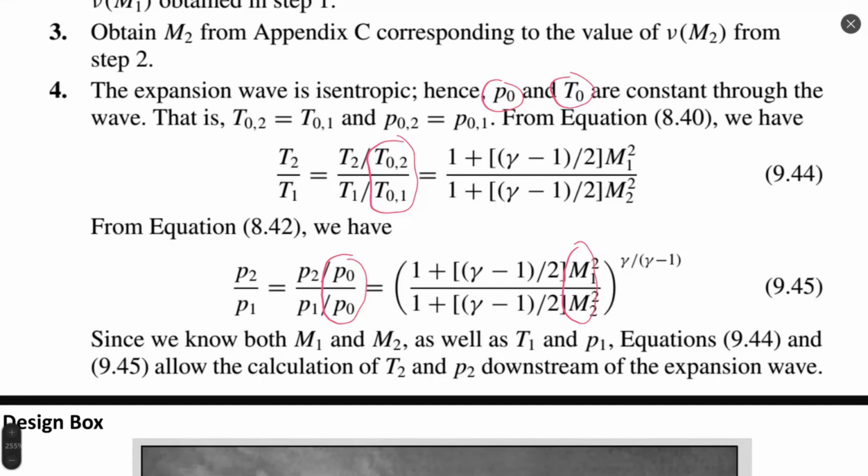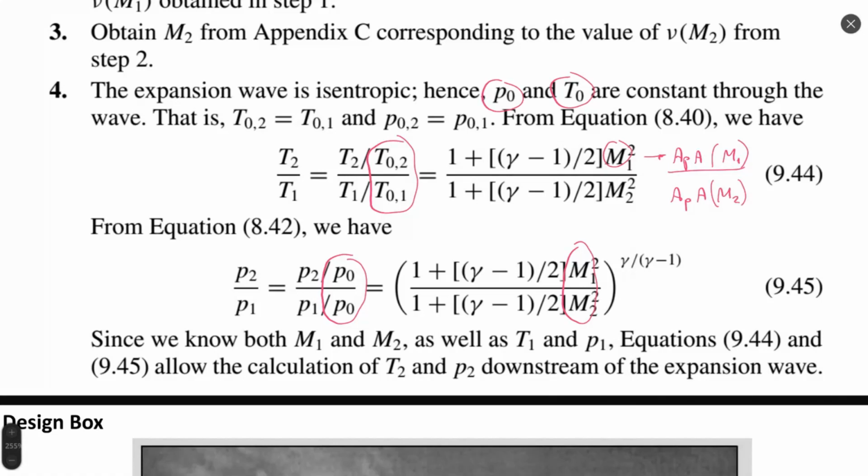These formulas are absolutely the same as we would use in appendix A. For example, this numerator is a number which can be found in appendix A for M1, divided by a value which can also be found in appendix A using Mach number 2 as a reference.